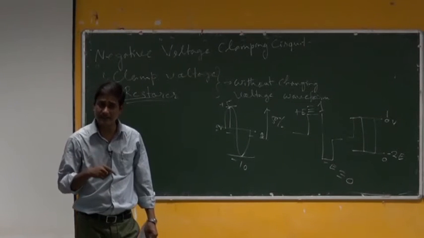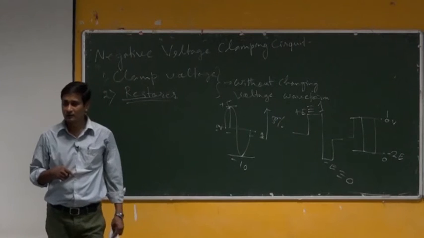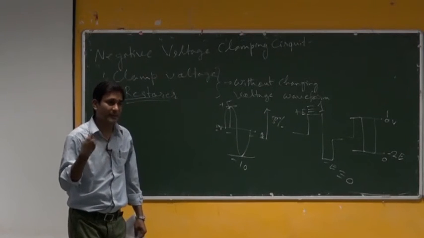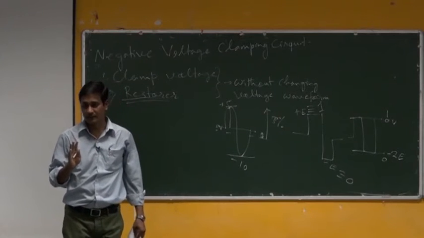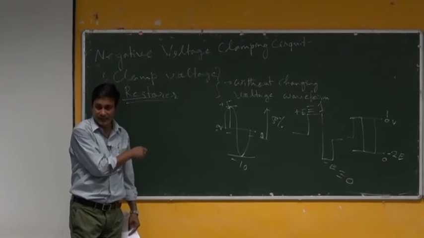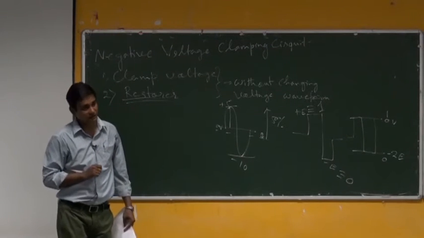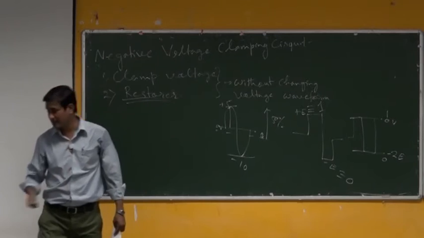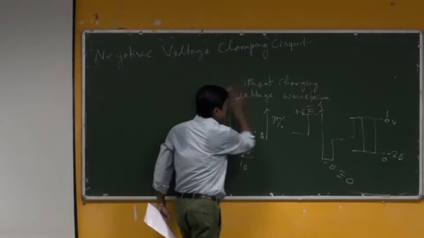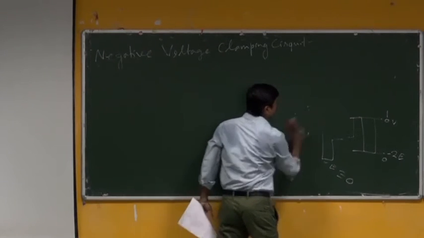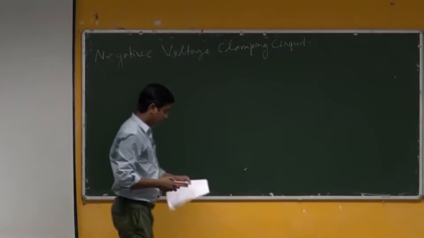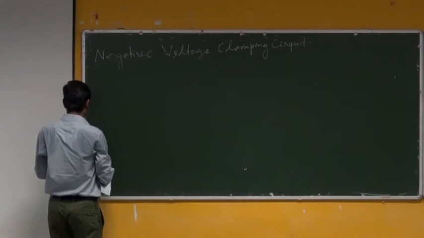Why not resistors? They cannot store anything. Whatever is coming, they have to pass it immediately. So, that way resistors and reactive components, which are capacitors and inductors, are different. Okay. So, capacitors are popularly used for storing the voltage. That is why in this circuitry we will be using a capacitor along with a diode.